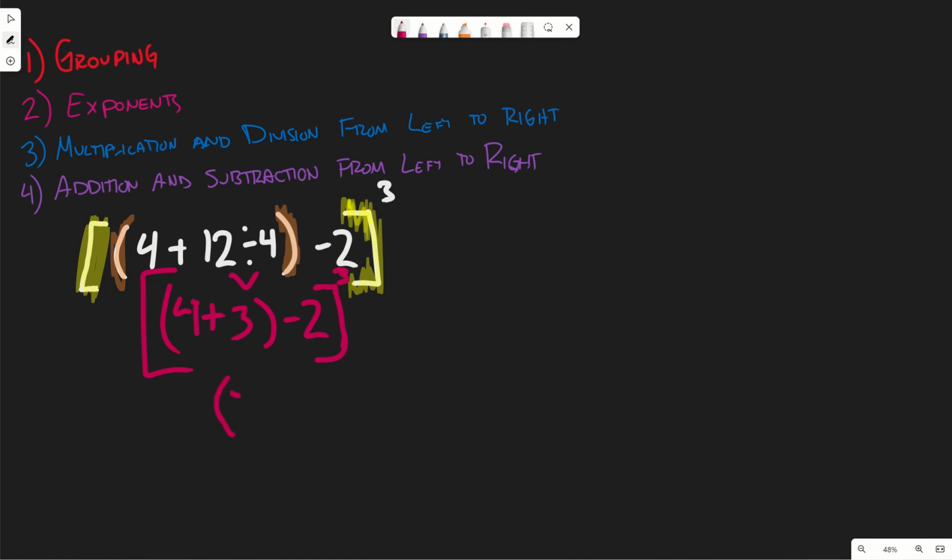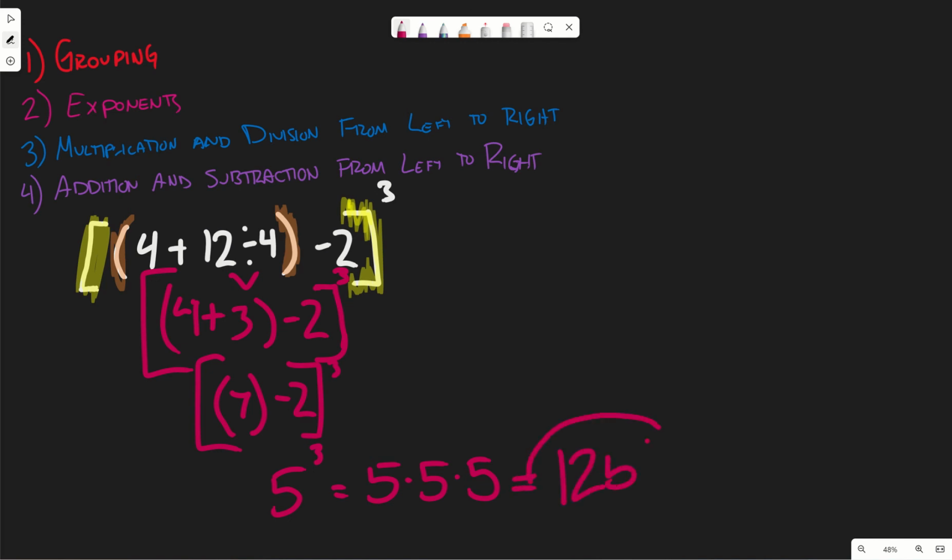So now I have 7 minus 2 in my brackets to the power of 3. 7 minus 2 is 5 to the power of 3, which equals 5 times 5 times 5, which equals 125.